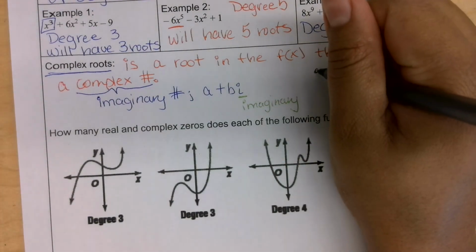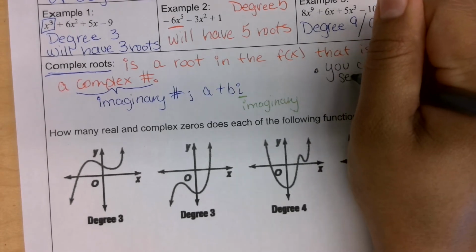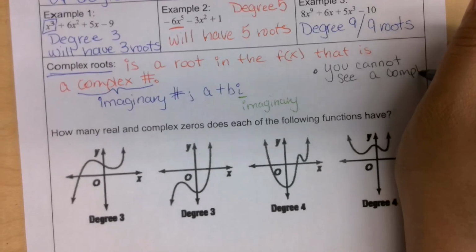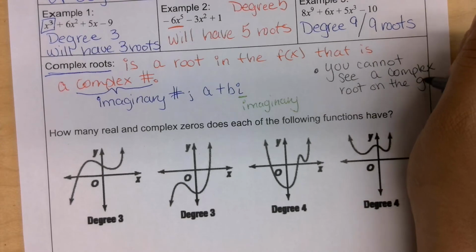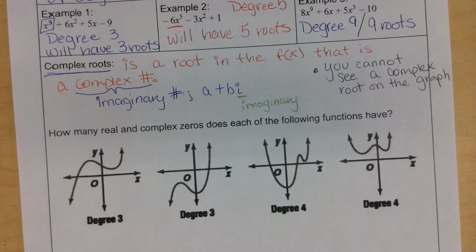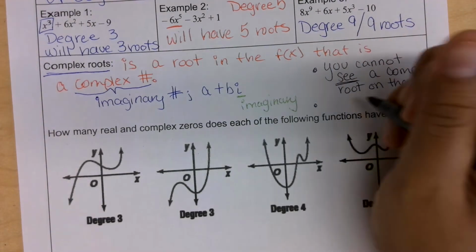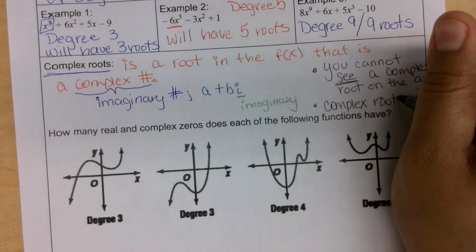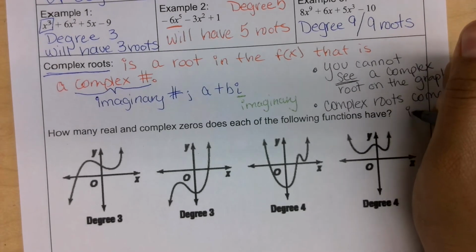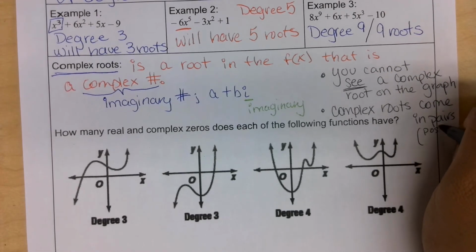One thing that you need to know is that you cannot see a complex root on the graph because it's imaginary. Okay, so you can't see it, so you won't see it. And then another thing to know is that complex roots come in pairs, all right, with one being positive and one being negative.